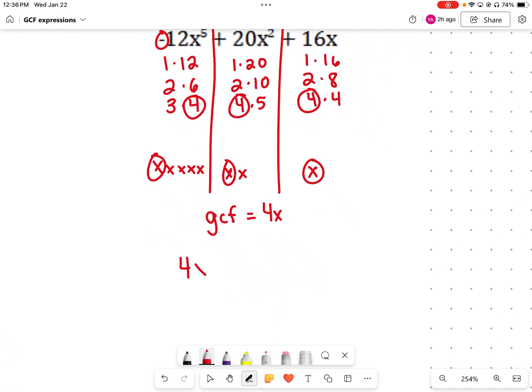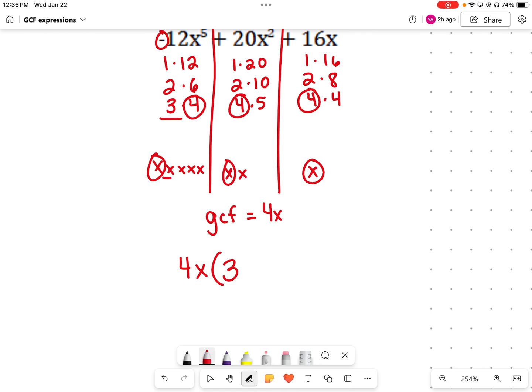Okay, so put your 4x. Now, normally we just had 2 terms, so we had 2 terms inside the parentheses. Well, now we have 3 terms, so we're going to have 3 terms inside the parentheses. So the first one is going to be what matches with 4 to make 12. It's 3.